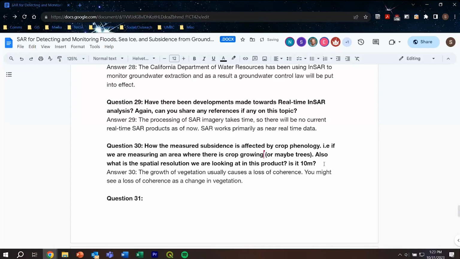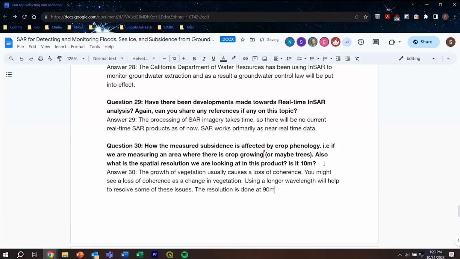What is the spatial resolution? The ARIA Sentinel-1 geocoded unwrapped interferograms are processed at 90-meter resolution. It's possible to get higher resolution, but the standard products are at 90 meters spacing.